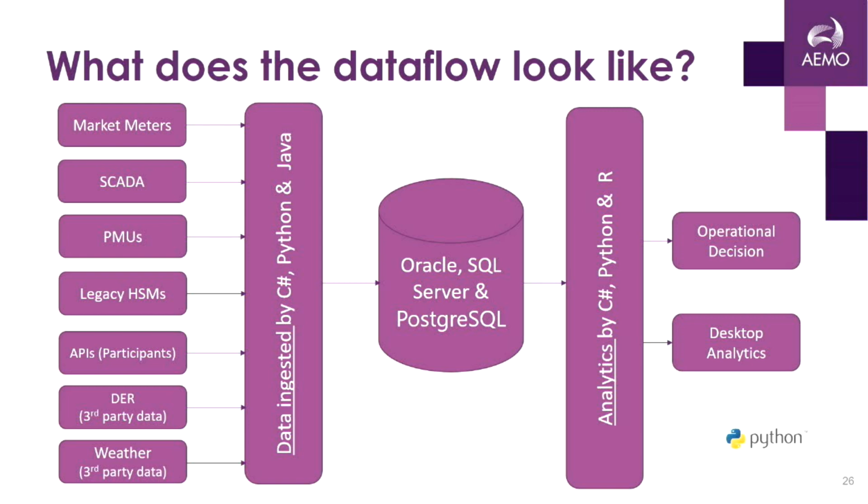We have devices called PMUs, or phasor measurement units, monitors that follow the precise shape of that sine wave I spoke about. We have APIs where market participants can submit data. We receive DER or rooftop solar information from third-party data providers, and we receive weather information from third-party data providers.